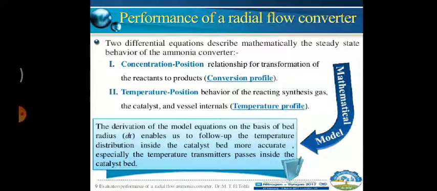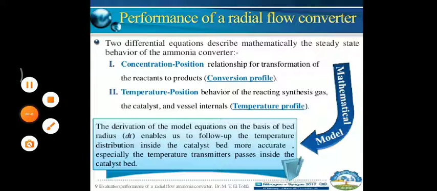Now two differential equations describe mathematically the steady state behavior of the ammonia converter. The first is concentration position, the relationship between the transport of reactant to product, and the conversion profile. The second is temperature position, the behavior of the reacting synthesis gas, the catalyst and vessel internals.